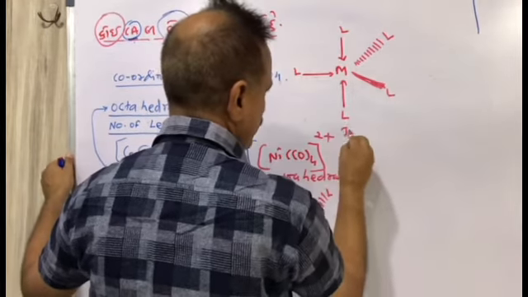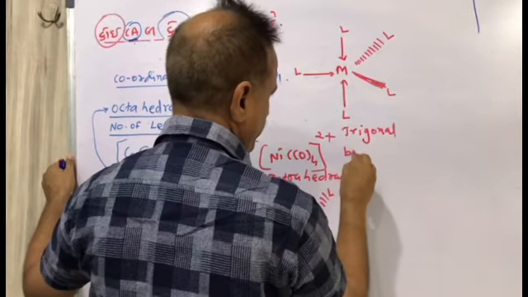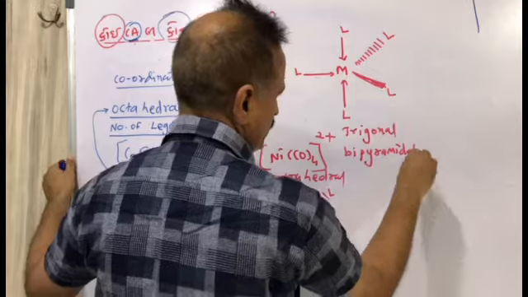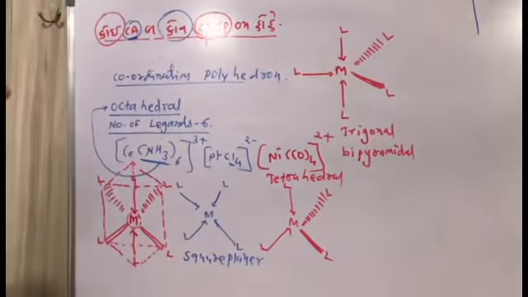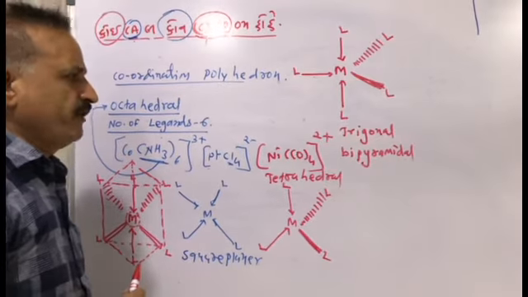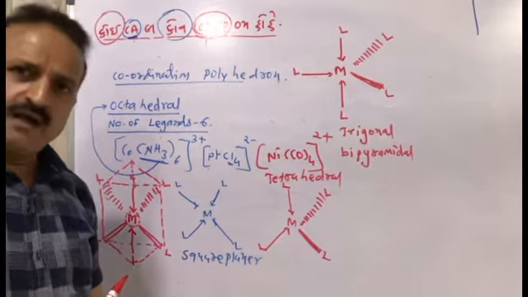It is trigonal bipyramidal. You join the ligands, and we will have a shape like this, trigonal bipyramidal.